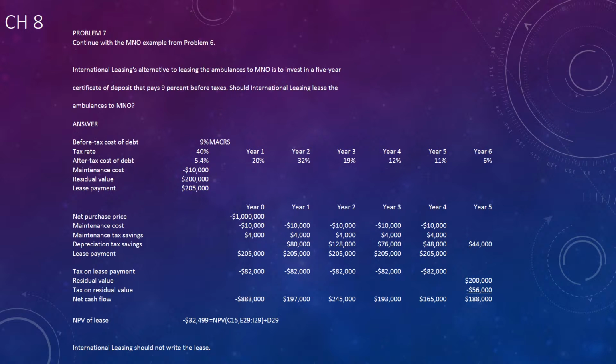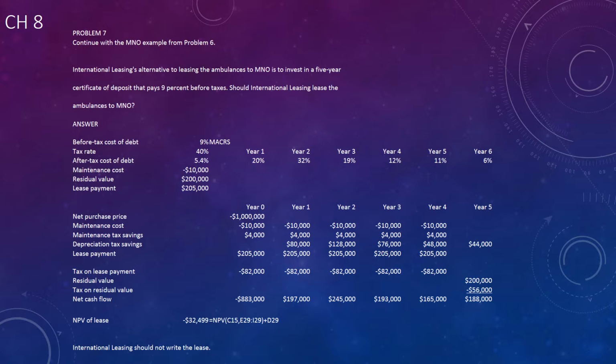Then you go into the accelerated depreciation of our $1 million, so we're depreciating them, getting down to that $200,000 residual value. Add those up, your residual value is going to be $200,000. Your tax on your lease payment, you can see across, residual value, tax on residual value. So now we actually see the net cash flow from year 1 to year 6 when we get rid of the asset, the residual value is $200,000 and it's out the door.